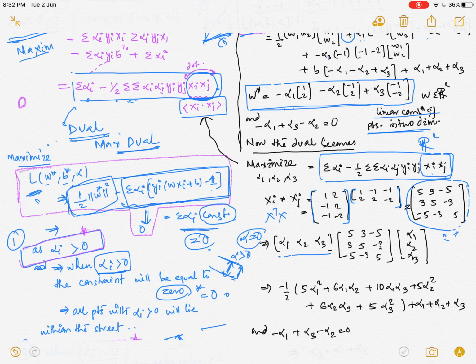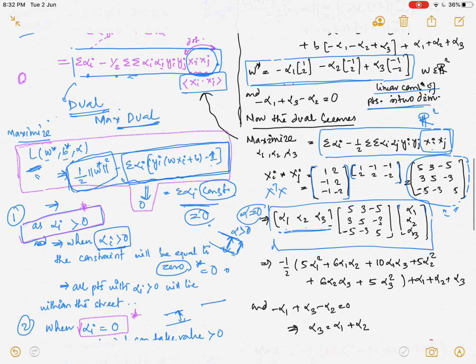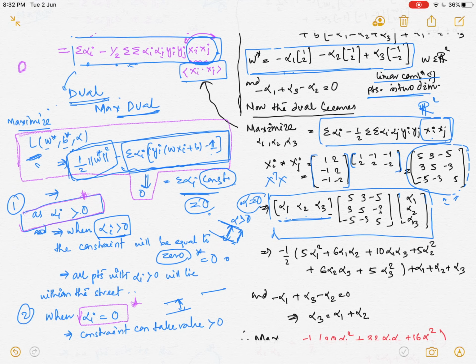I can write the matrix equation in this format: alpha 1, alpha 2, alpha 3 multiplied with the x transpose x matrix, then alpha transpose. This will give us the value minus 1 by 2, and this is what I get after multiplying all. We also need to take care of the sign, that is if it belongs to class 1 it is minus 1 and if it belongs to class 2 it is plus 1.